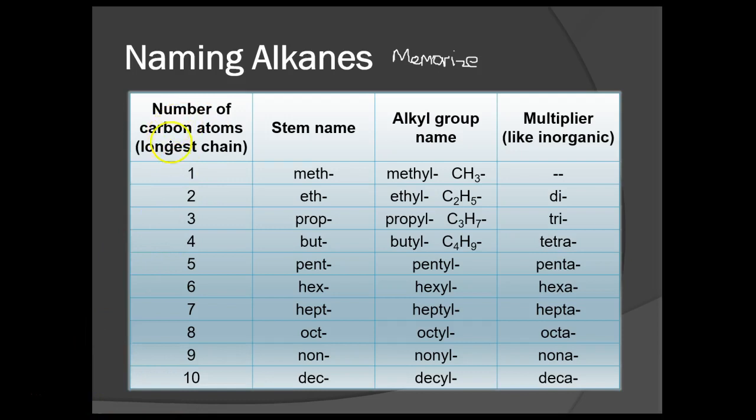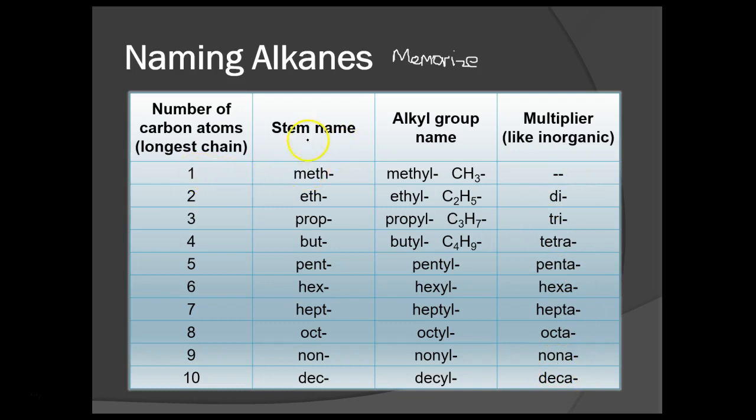The number of carbons in the longest chain is in this column here. The stem name or base of the compound is here. The alkyl group name is very similar. And then the multiplier, which we've learned already, is described here.